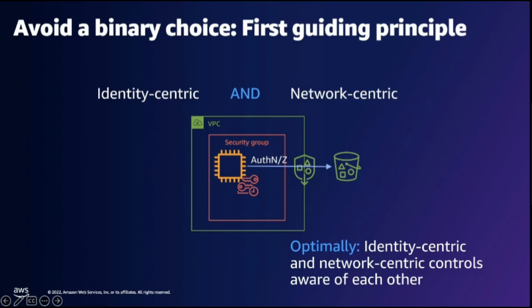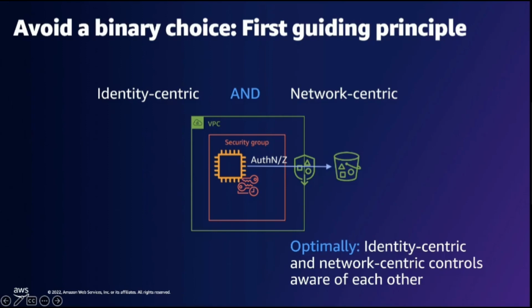Now, from a network perspective, we want to make sure that we're protecting that EC2 instance. And what we do for that is we implement security groups. Security groups are basically a virtual firewall. It's basically a firewall in AWS, so it allows you to configure inbound and outbound rules for your resources within AWS.